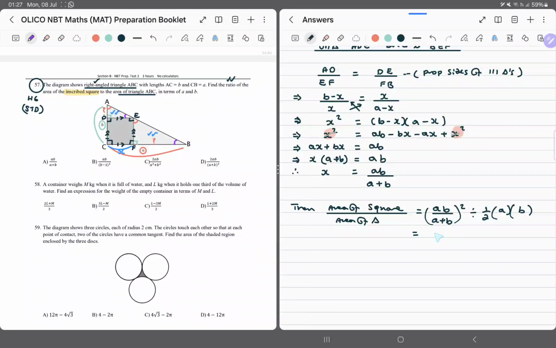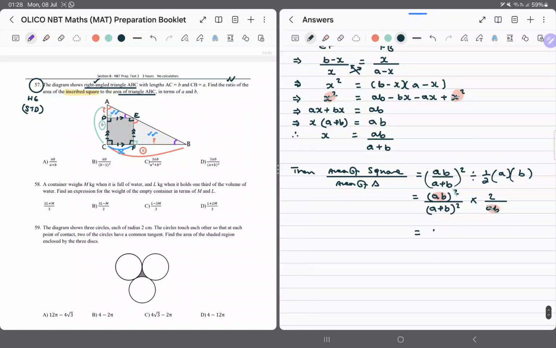So this is going to be basically, let's just say AB squared over, now this is going to be A plus B all squared. We can change this. This is going to be AB over 2, so this is going to be 2 over AB. Okay, now we can see here that we've got AB, so this one will just take the square, and then the rest, numerators multiply, denominators multiply.